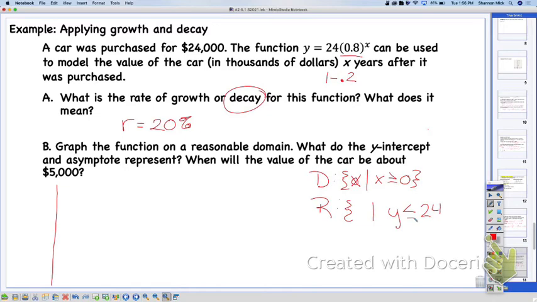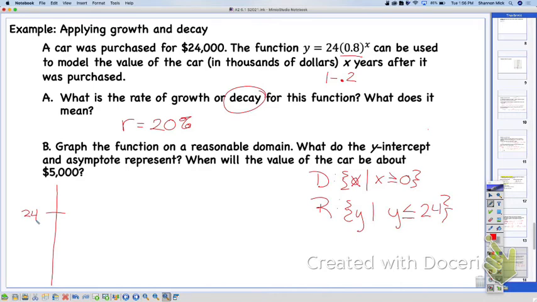Okay, so this thing's gonna start at 24,000. Yes? And then what's gonna happen to it? Gonna go down. Well, we gotta calculate what the price after 1 year is. The value of the car after 1 year is.